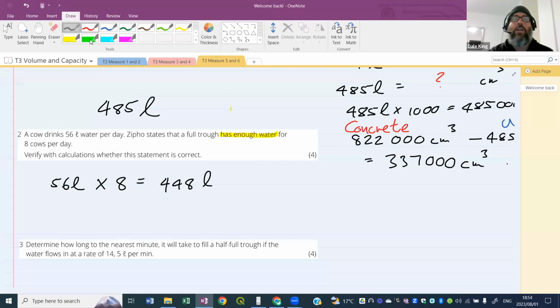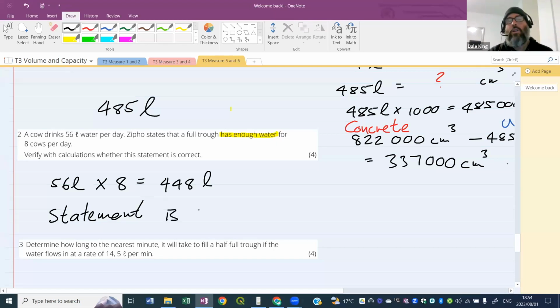So the statement is correct. You knew the calculation and you jumped to it. Be careful. The question says has enough water. If the question was, is it the exact amount, then it wouldn't be correct, but it has enough.